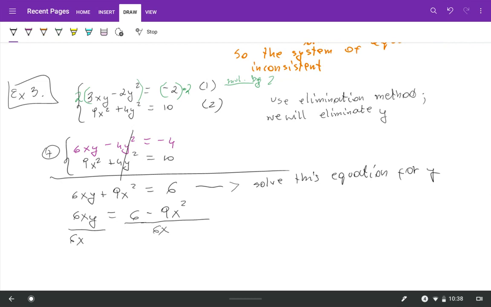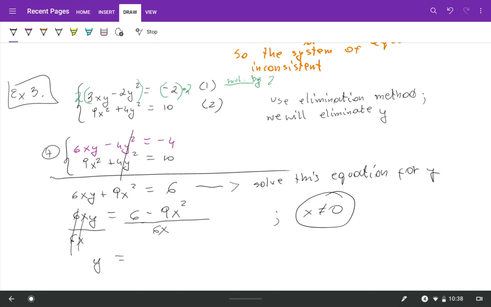Okay. So when we're doing this, since we divide by x, we have to give that condition that x cannot be equal 0. Other than that, we won't be able to do that operation. So that will give us that y is equal to 6 minus 9x squared divided by 6x.